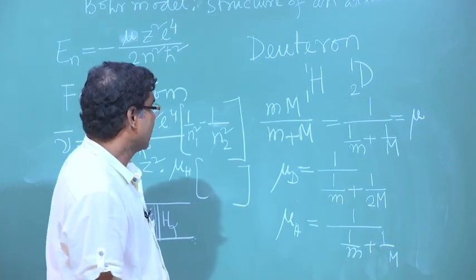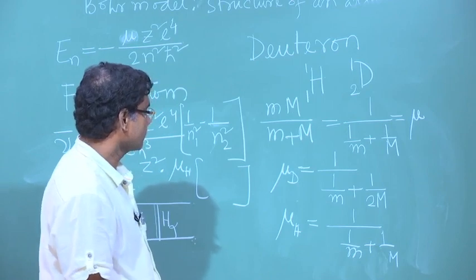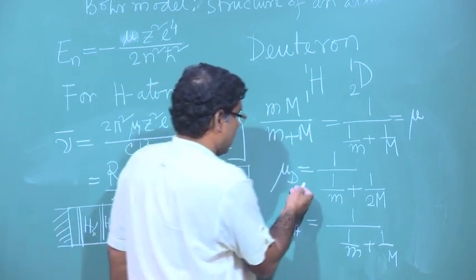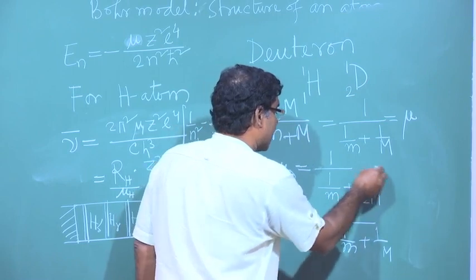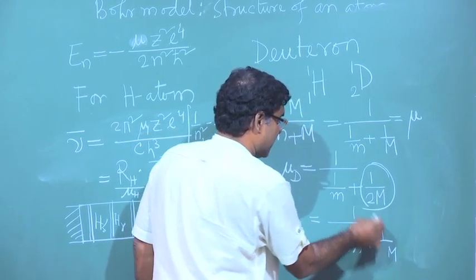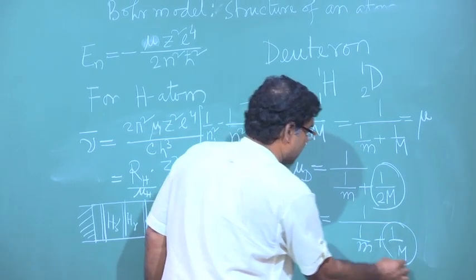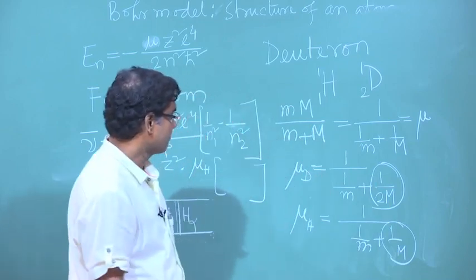So here you can see that in case of mu d, this is smaller, basically half of this one.